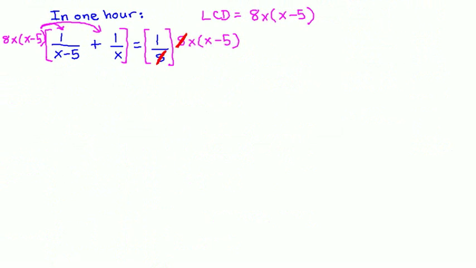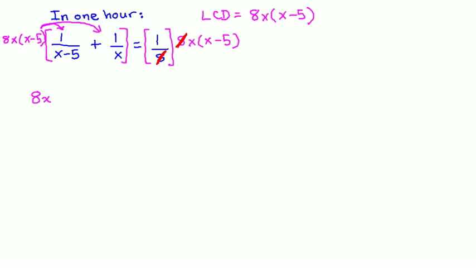Alright, so working just with the equation now. From my first term, the x minus 5's would cancel, and I would have just 8x from my LCD times 1 from my numerator.